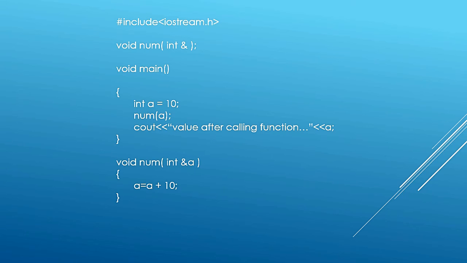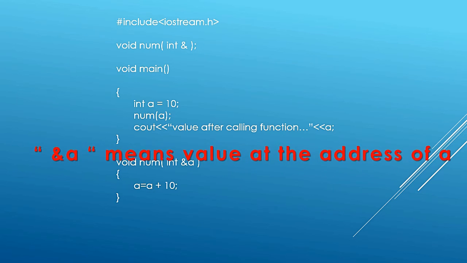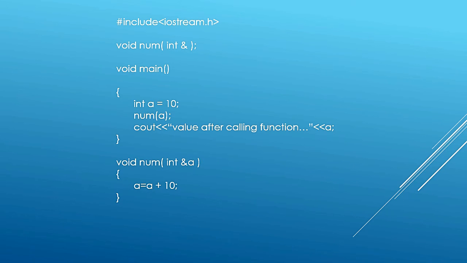Now in the function definition, add 10 with a and the resultant will be 20. Yes, that's right, because &a means value at the address of a, that is 10. 10 plus 10 equal to 20 is stored in a. It means value at the address of a changes to 20. So the output is 20.